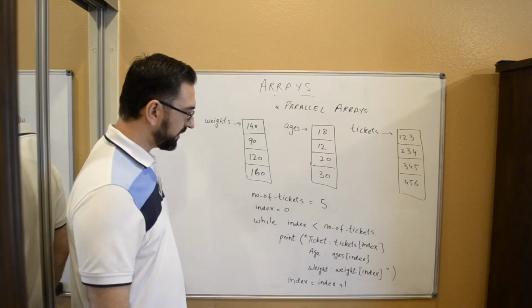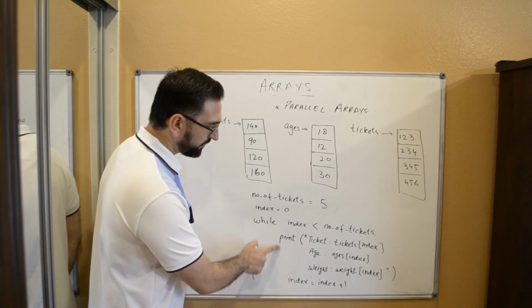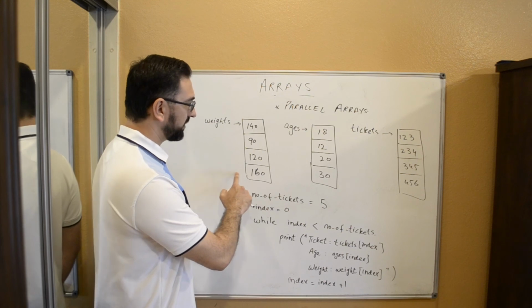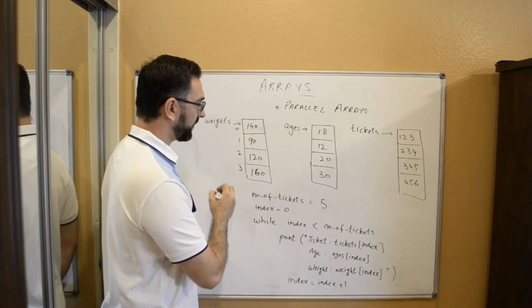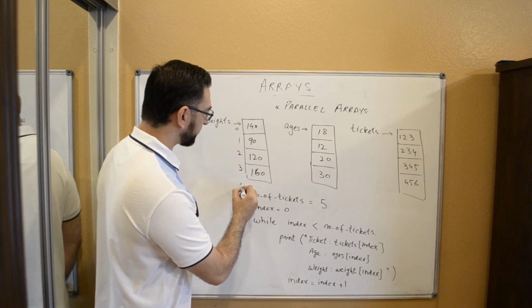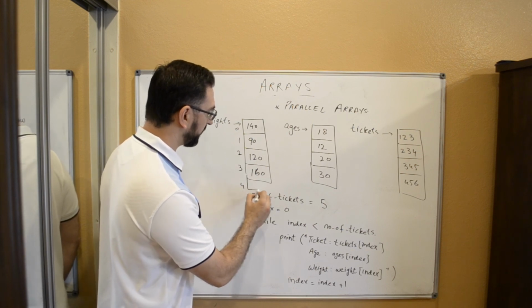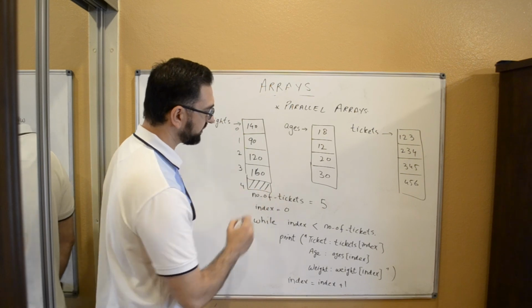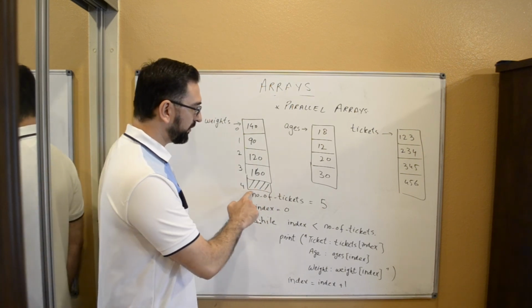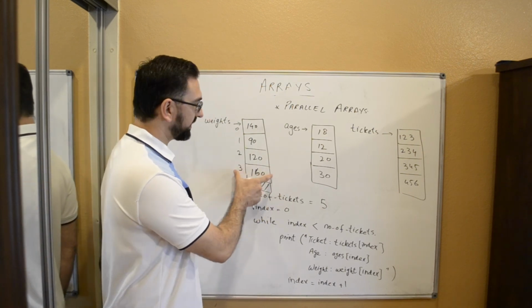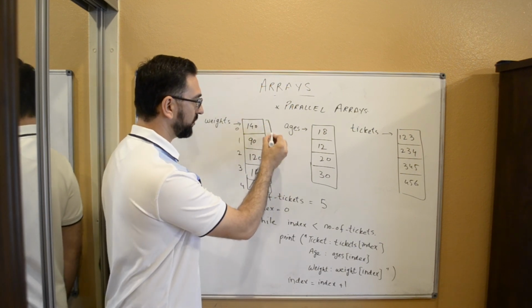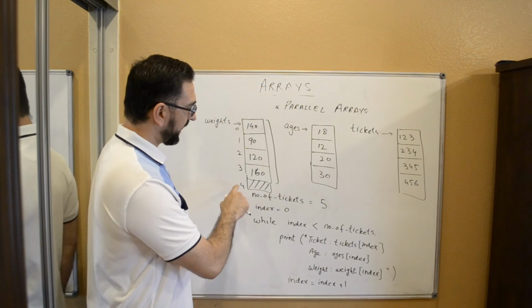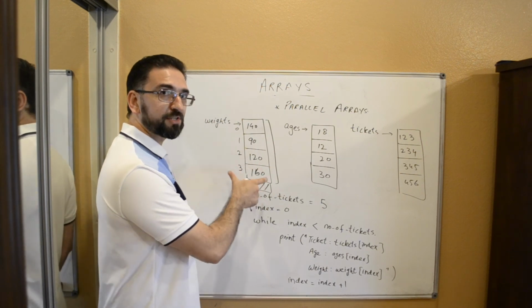Now what will happen is it will start processing from index 0, 1, 2, 3, and it will also process index number 4, this area. However, we don't know what this area contains because it is outside of the array size. So the array size is only up to this point, and index number 4 is outside of this array.